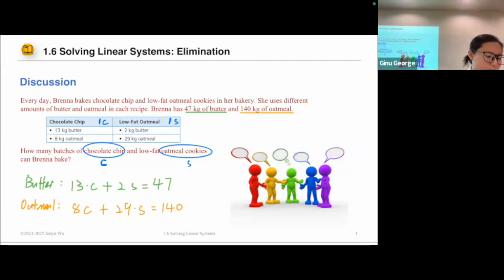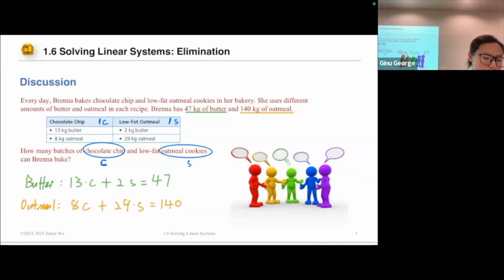Now I can solve for C and S, and the values will be the amount of batches of chocolate chip cookies and the amount of batches of oatmeal cookies that will consume all the materials.